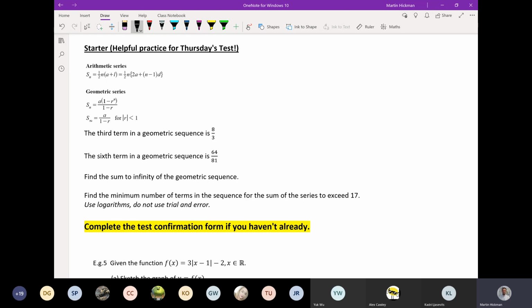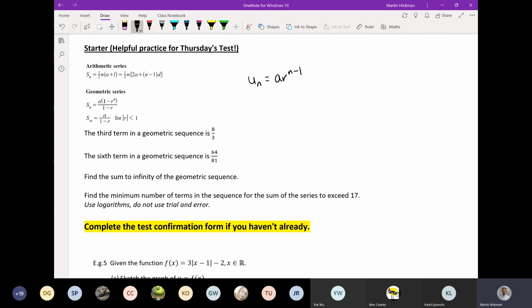Firstly, we're told the third term of a geometric sequence is 8/3, and the sixth term is 64/81. Remember, the general term in a geometric sequence is defined as a times r to the power of n minus 1.